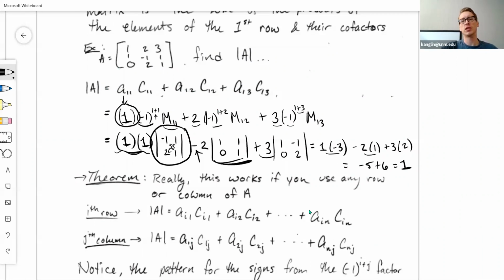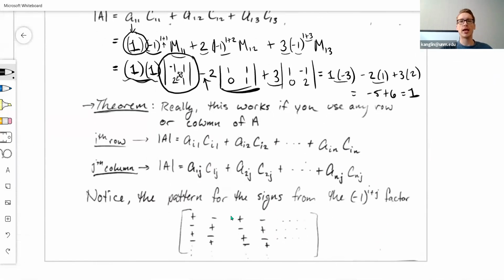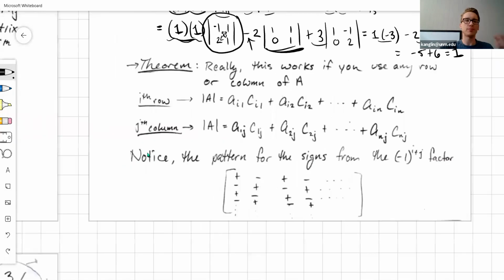That's like replacing the n with 3 since we had 3 by 3, and the i with 1 since we used the first row. And again, you can choose to only worry about the minors and just get the signs correct for the cofactors based on this checkerboard pattern, applying pluses and minuses to the minors according to this pattern.